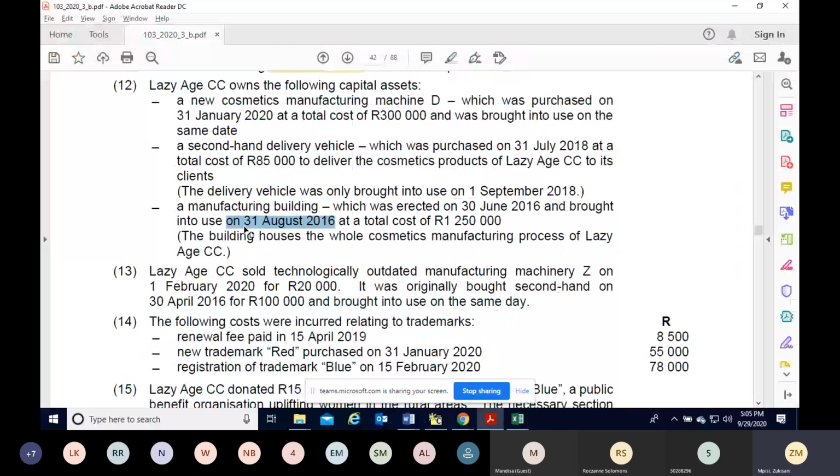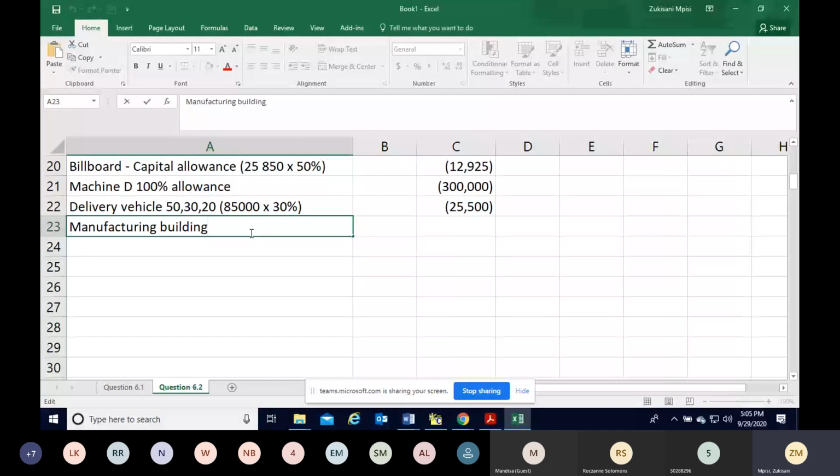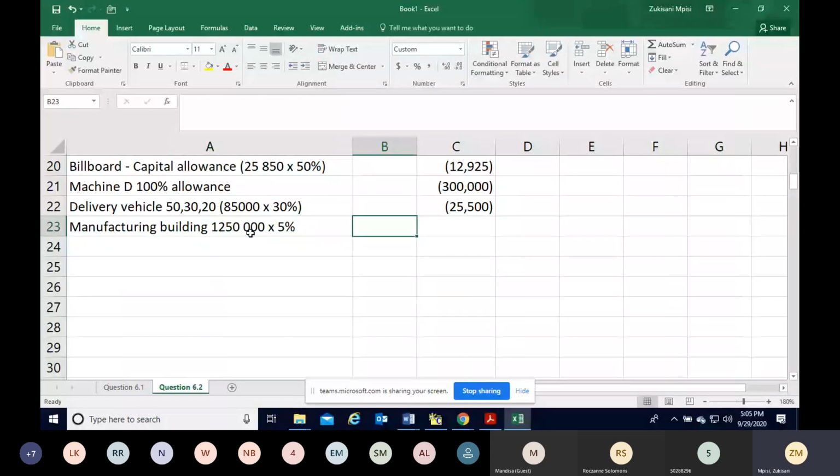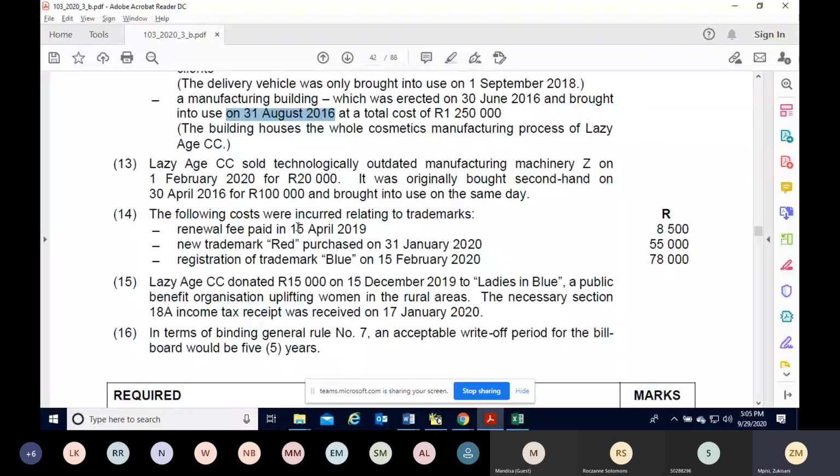Remember, a building is an immovable asset, it's not a movable asset. So we're going to apply 5%. So it becomes 1,250,000 multiplied by 5%, which is the annual allowance, which gives you 62,500.